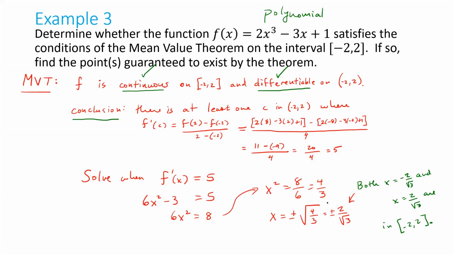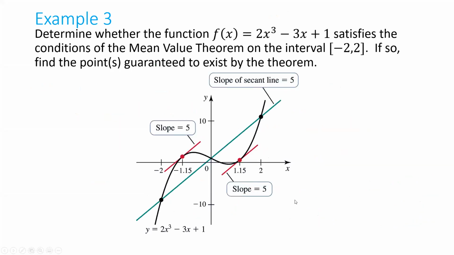And these are 2 points where we know the slope is equal to 5. Okay, and here's a picture, right, where we see there's the curve, and we see on the interval from -2 to 2, there are these 2 points where the slope is 5.